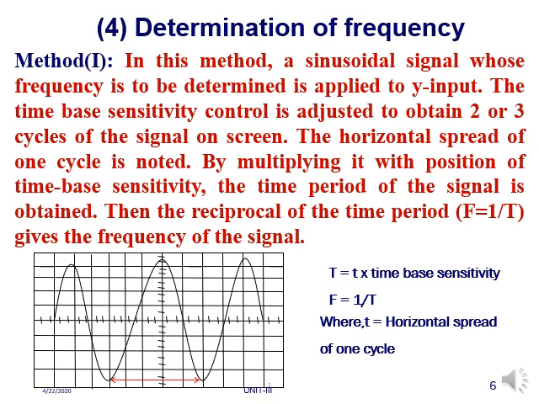By multiplying it with the position of time base sensitivity, the time period of the signal is obtained. And then by taking the reciprocal of time period, the frequency of the signal can be calculated.